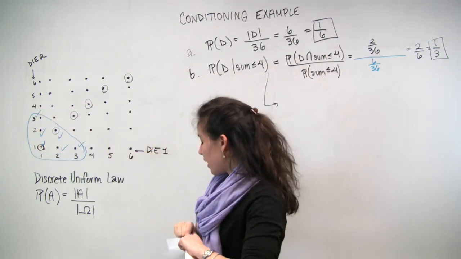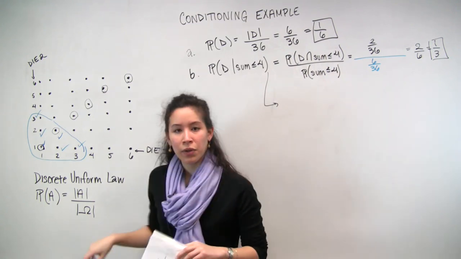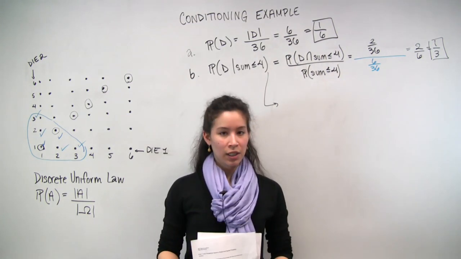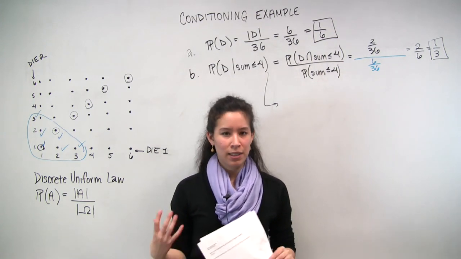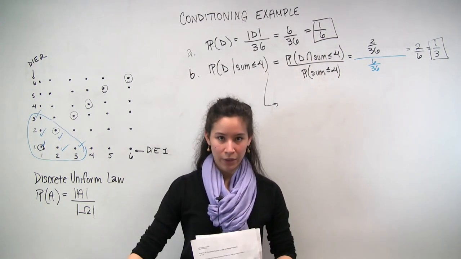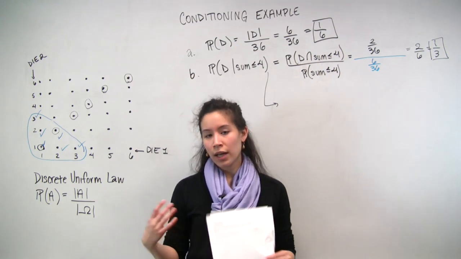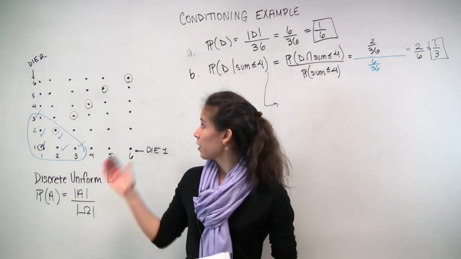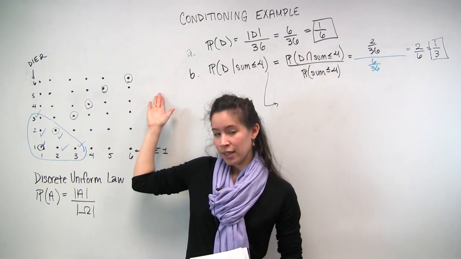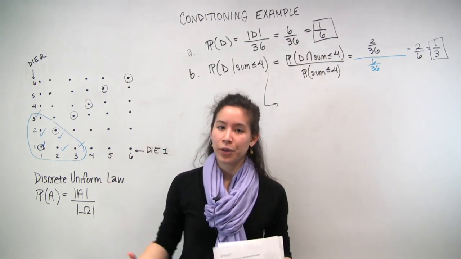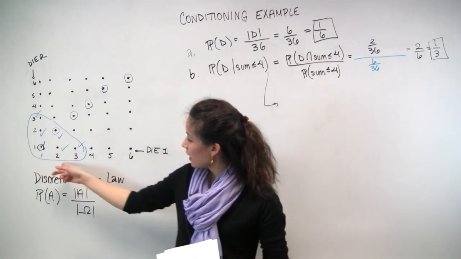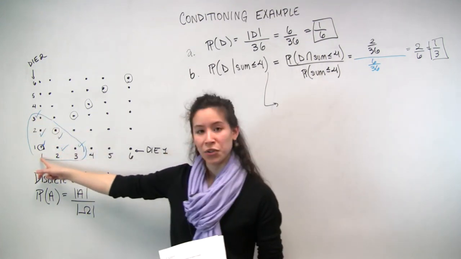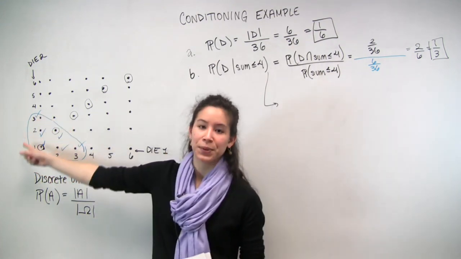Okay? And one thing that it's worth noting is that conditioning never changes the relative likelihoods of the different outcomes. So because all outcomes were equally likely in our original sample space omega, in the conditional world, the outcomes are also equally likely. So using that argument, in our blue conditional universe, all of the outcomes are equally likely.